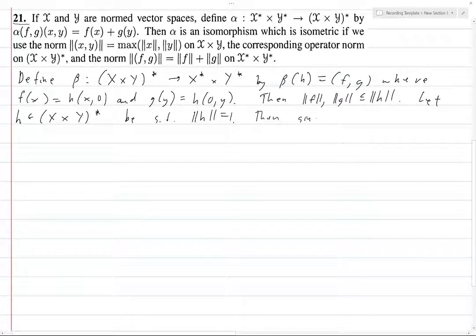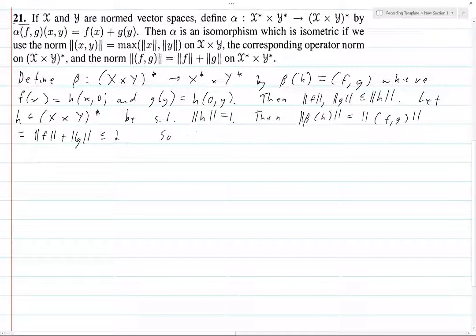Then the norm of beta h is just equal to the norm of (f, g), which by definition is equal to the norm of f plus the norm of g, which is less than or equal to 2 times the norm of h, but the norm of h is 1, so it's just less than or equal to 2. So the norm of beta is finite.